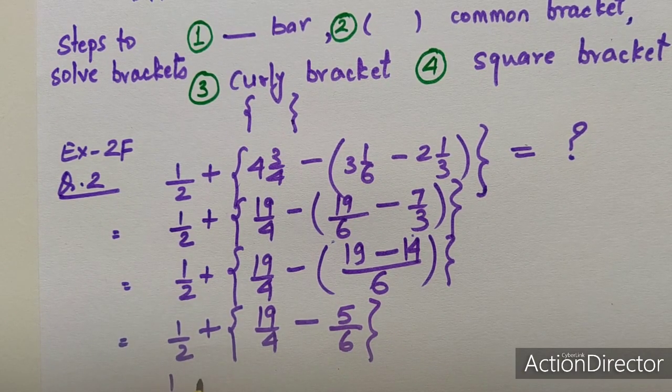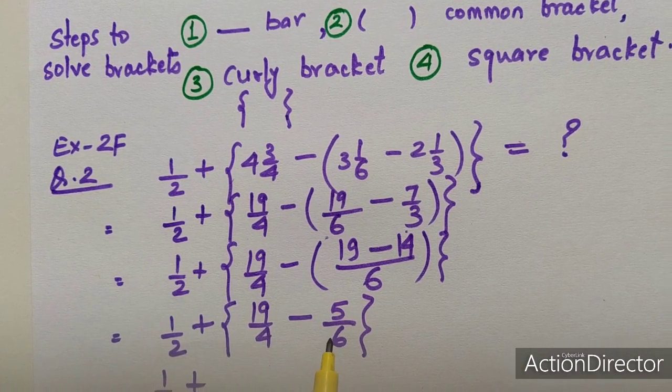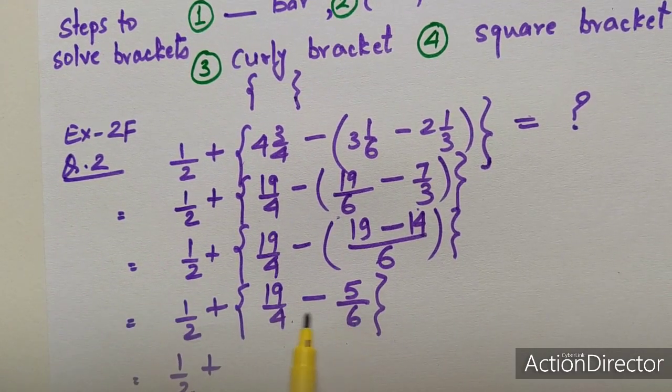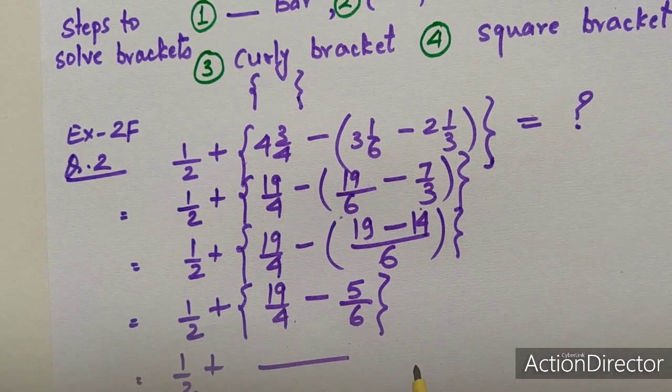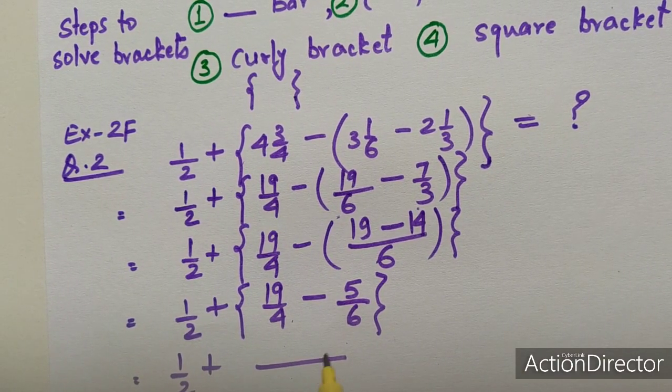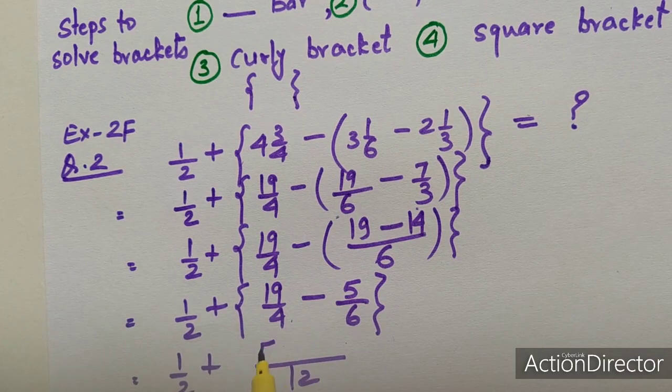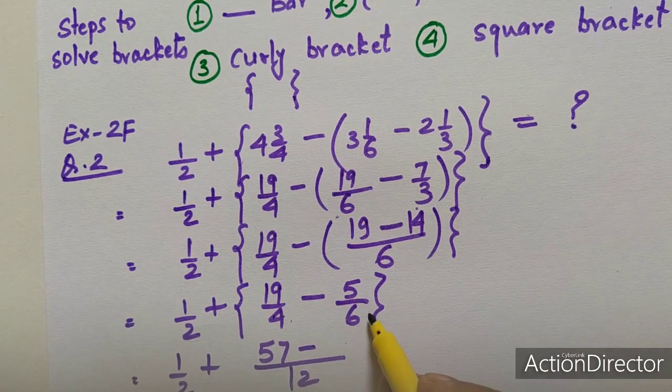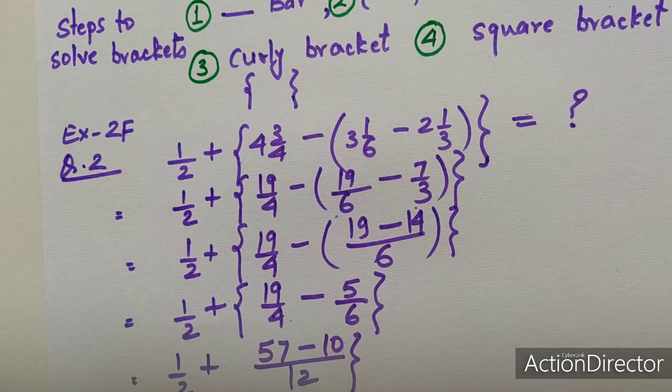Similarly 1 by 2 plus, now only two numbers are here, we have to make one after taking the LCM. So the LCM of 4 and 6 will be 12. So 19 3s are 57 because 4 3s are 12, and 3 into 19 will be 57, minus 6 2s are 12 and 2 5s are 10. Curly bracket.